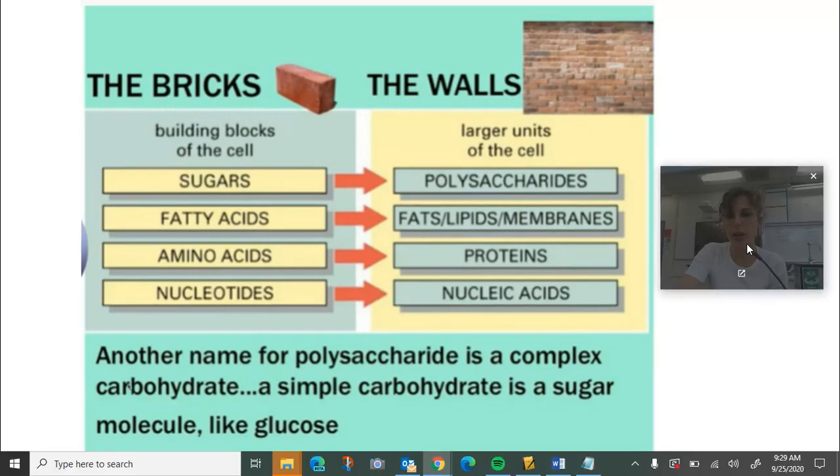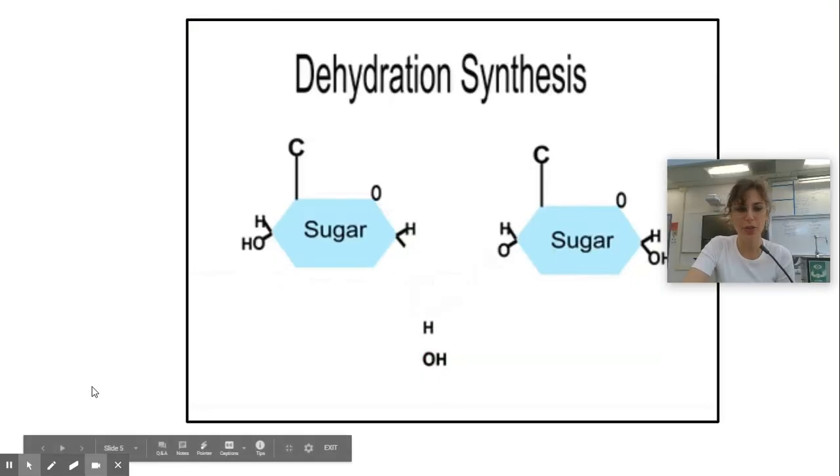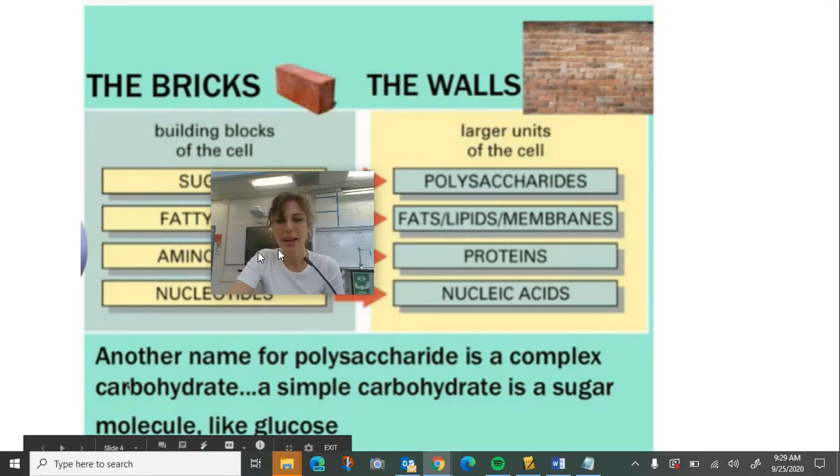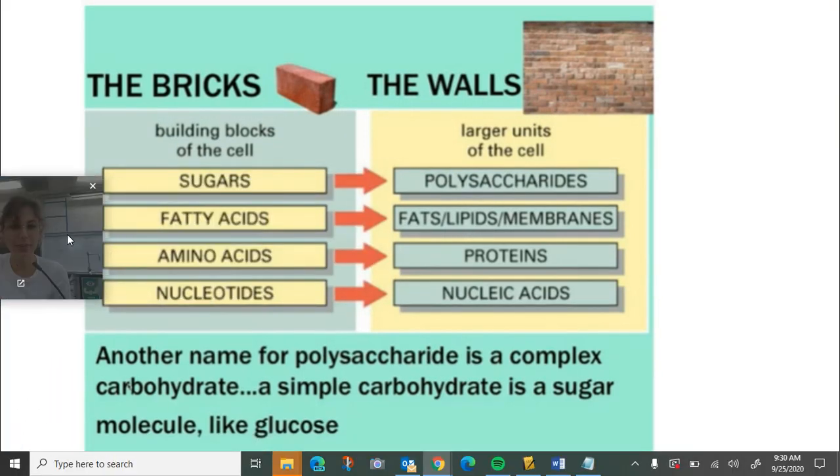Okay, and so a quick reminder of what the bricks are for each of our polymers, each of our macromolecules. To build a polysaccharide, which is a carbohydrate, that's the polymer, our monomer will be sugars, and we're going to break down in even more detail what those sugars are.